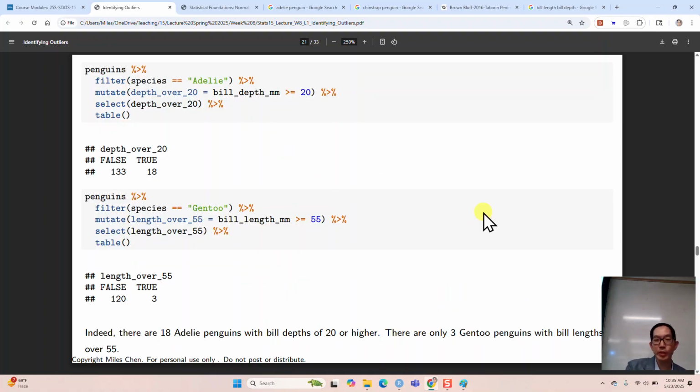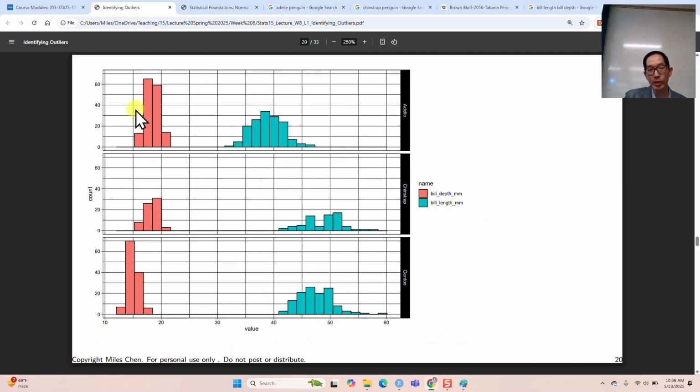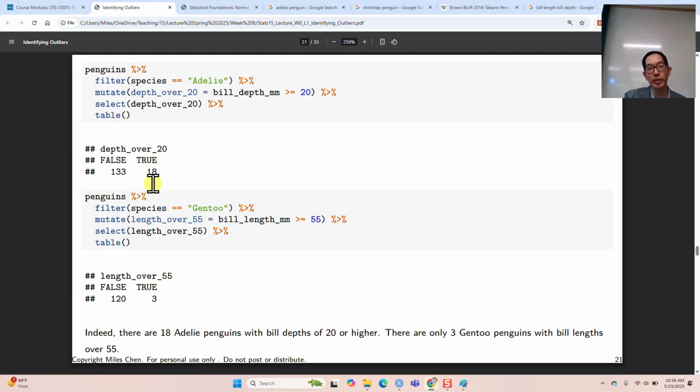Another thing we can do is look at all of the penguins we have, filter down to Adelie penguins, and ask how many of them are over 20 millimeters. There were 18 out of 133 plus 18, so about 151 penguins, 18 of them had bill depths over 20.